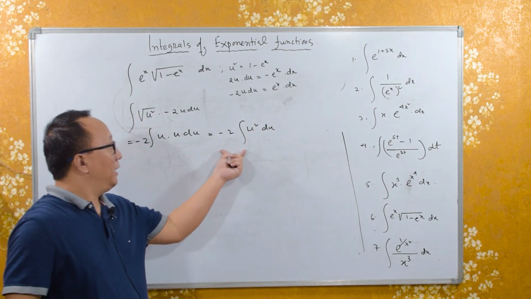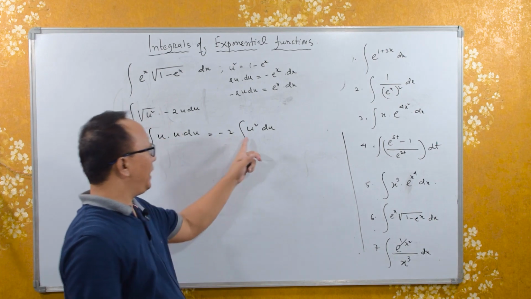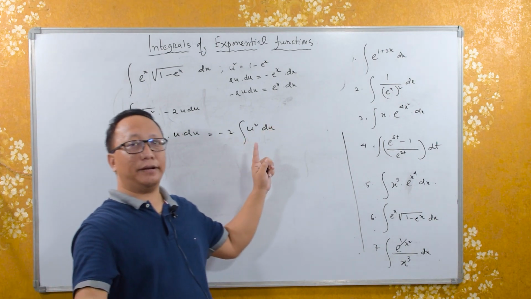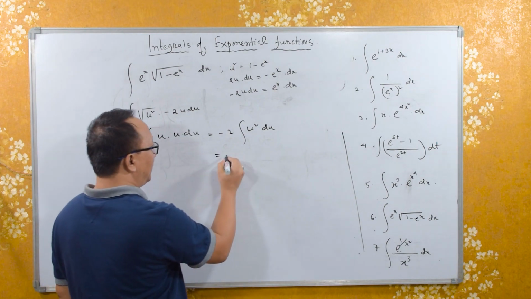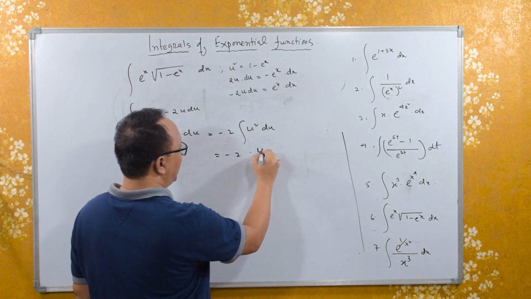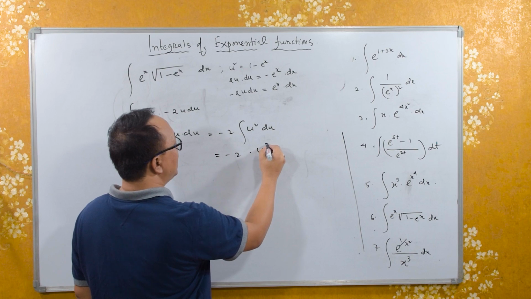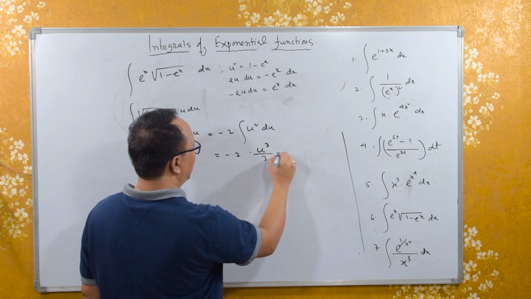Here we have the integral of x raised to n is x raised to n plus 1 upon n plus 1. Applying that formula, this becomes u raised to 2 plus 1, that is u cube upon 3, plus c.